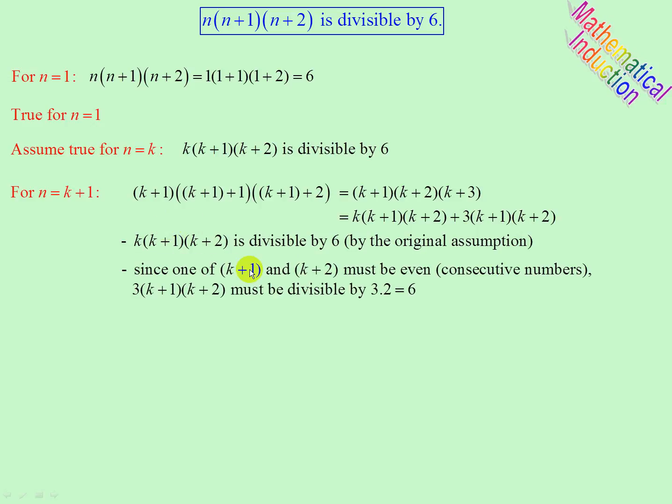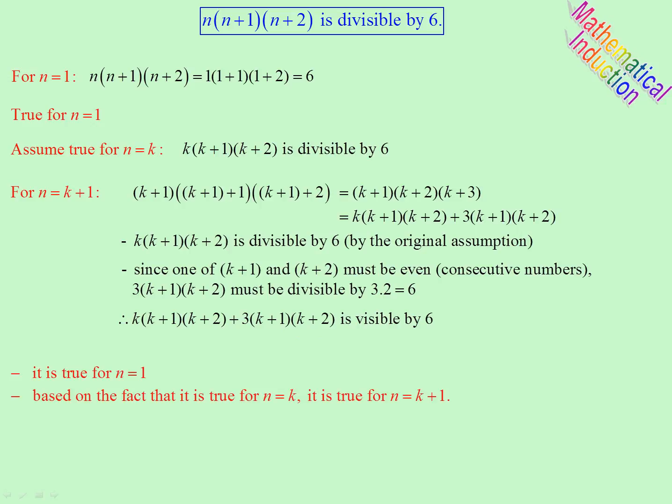Since one of k plus 1 and k plus 2 must be even, because they're consecutive numbers, 3 times k plus 1 times k plus 2 must be divisible by 3 times 2, which is 6. Therefore, that is divisible by 6, because that is there. That is by this reasoning. Therefore, it is true for n equals 1, based on the fact true for n equal to k, true for n equal to k plus 1, by mathematical induction, true for all n element of natural numbers.